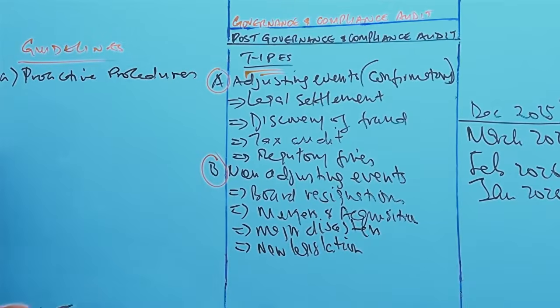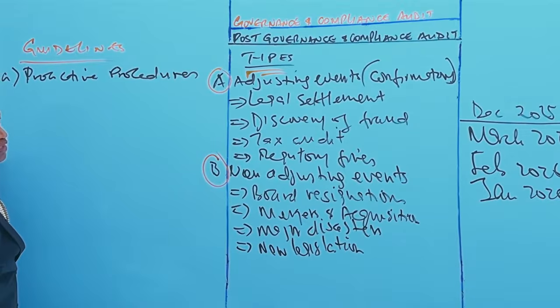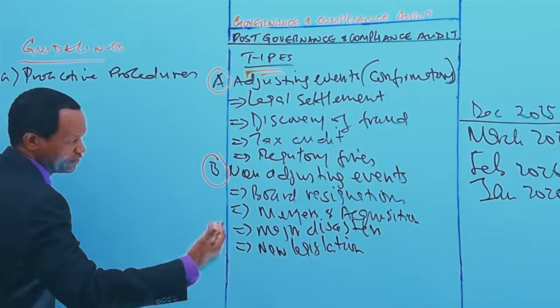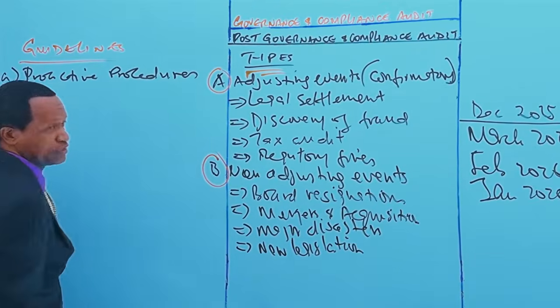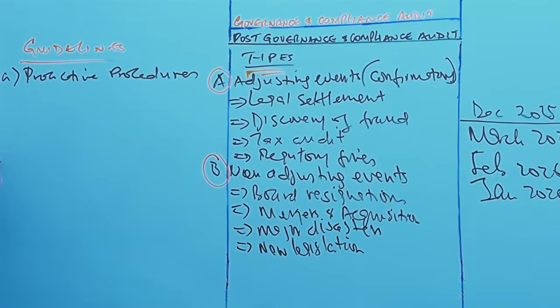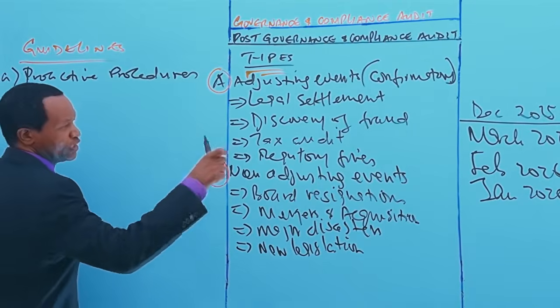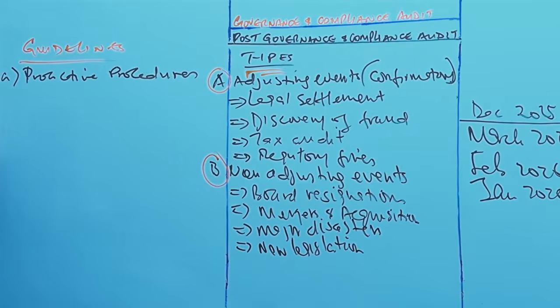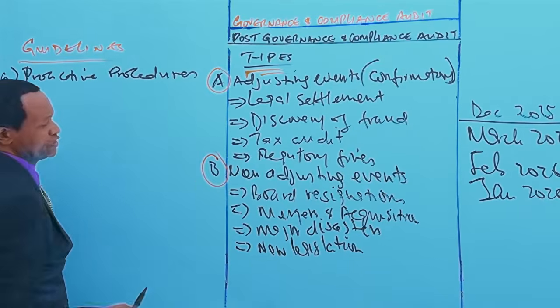Because at the end of the audit period, as an auditor, you may not be aware of some of these events you are talking about. And that's why you need to be proactive as a governance and compliance auditor so that you can discover some of these. Because your objective as an auditor is to ensure that the report that you are issuing to the stakeholders reflects the true and current governance state of the entity at the time of signing that report.